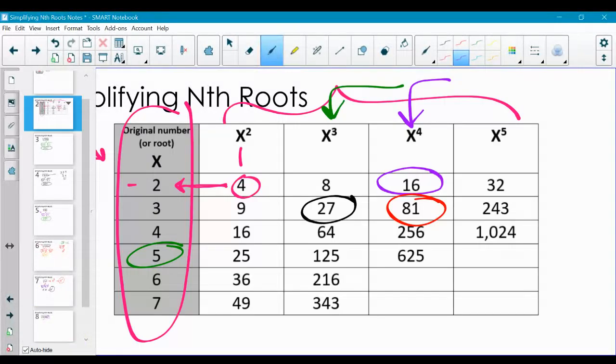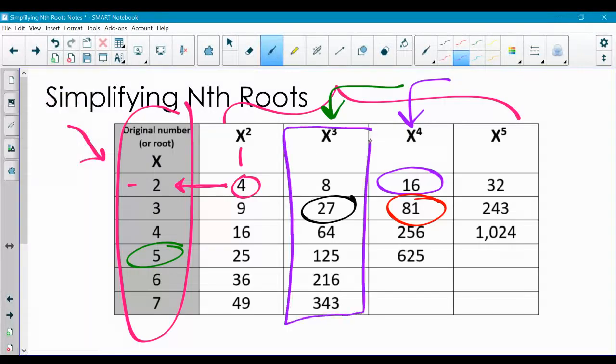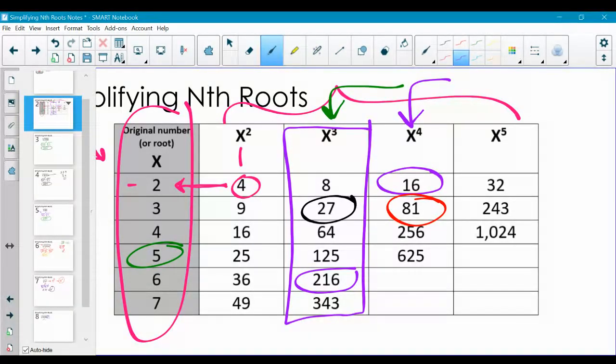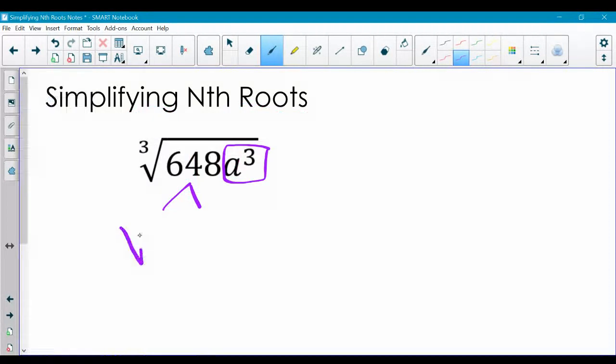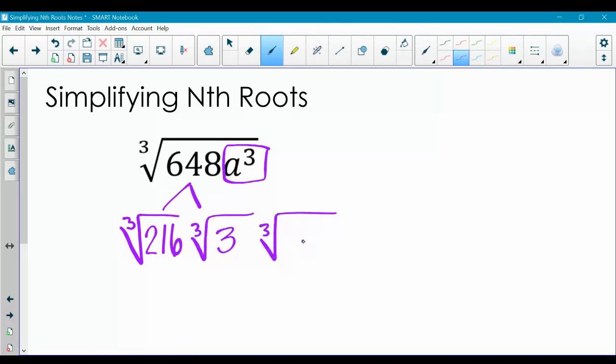So we're looking at the cubed root column, and 648 can be divided by 216. So 216 times 3 gives us back 648. So when we write this out, I'm going to write the cubed root of 216 times the cubed root of 3 times the cubed root of a cubed.